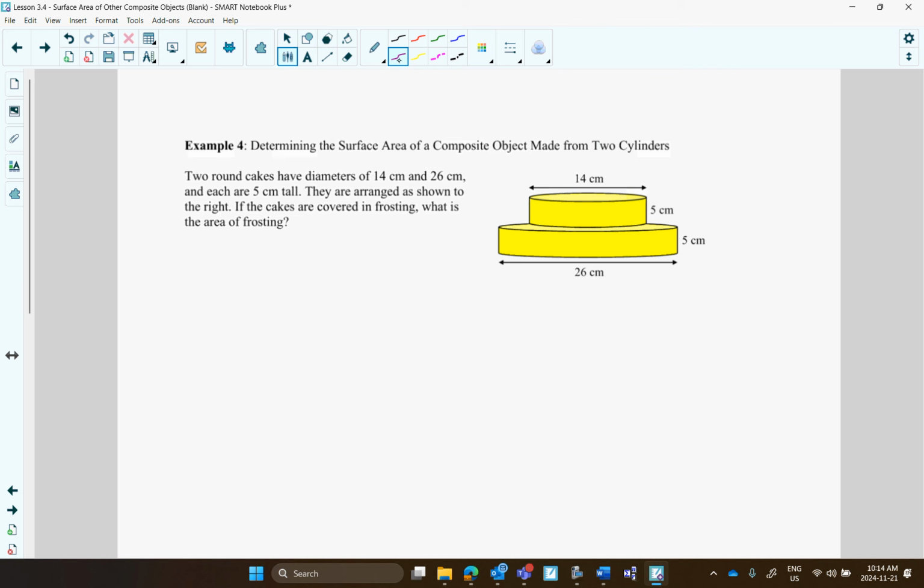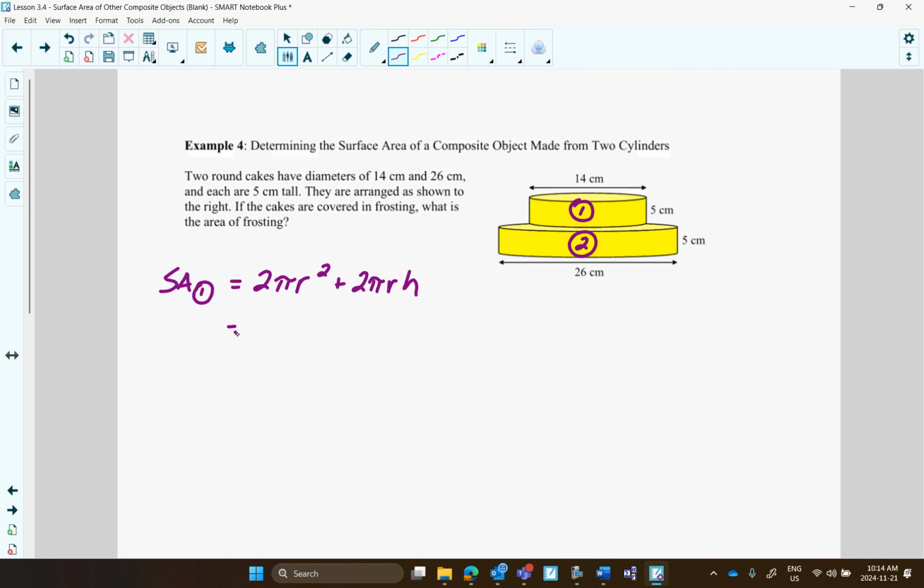So let's call this one the first one. This is the second one. And let's find the surface area of each. So the surface area of number 1, remember the formula, 2 pi r squared plus 2 pi rh. And you'll have access to that formula.